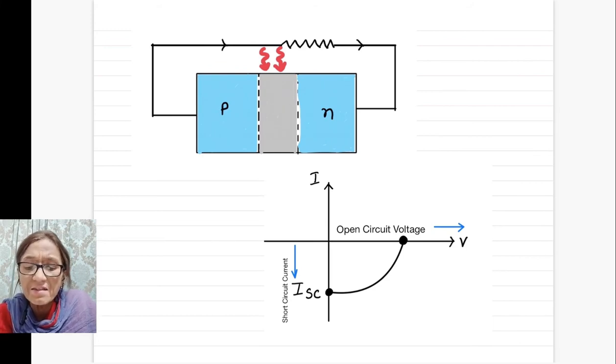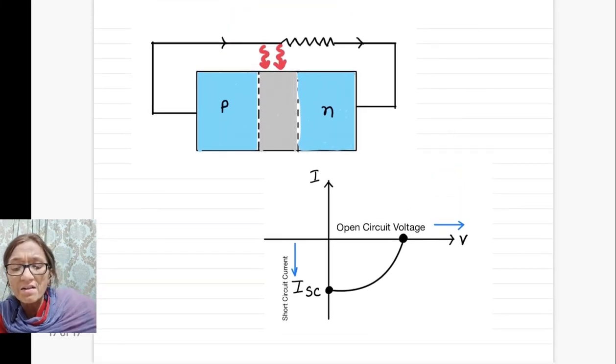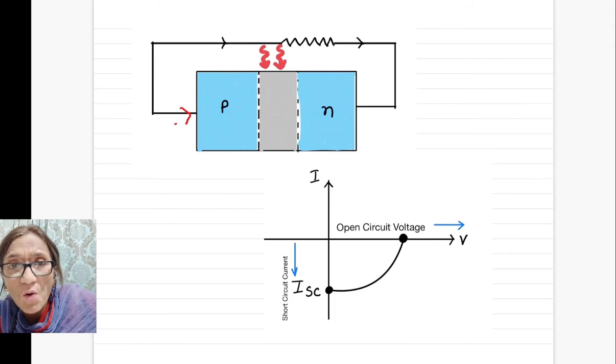And this current is given by, the voltage is developed due to the current generated. Current is positive only when current is given, but here current is obtained from it. So why is the current taken negative?